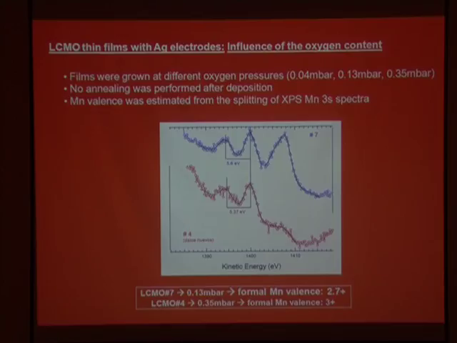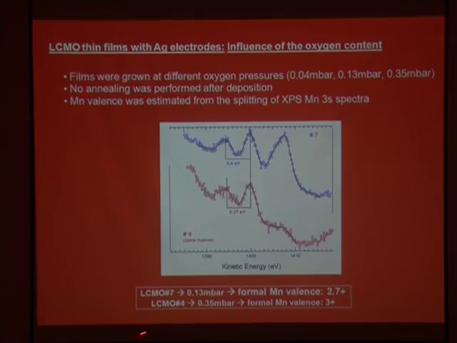And to determine the manganese valence, we used XPS, and in particular we focused on the manganese 3s level, which displays two split peaks, and it has been proposed in the literature that this splitting has a magnetic origin. It has an origin in the intra-atomic magnetic exchange of manganese ions, and the amount of the splitting is directly correlated with the manganese valence.